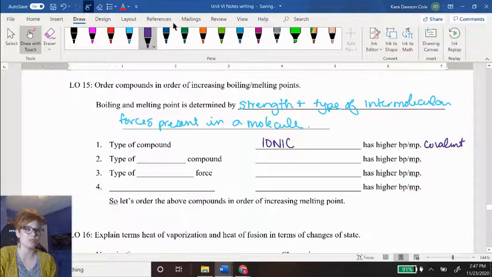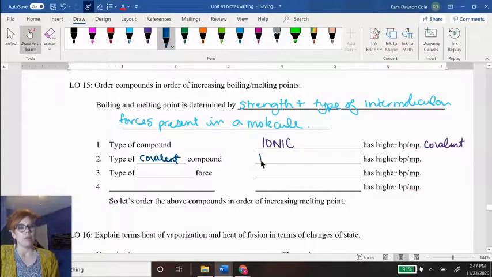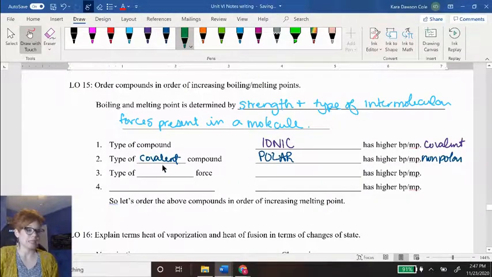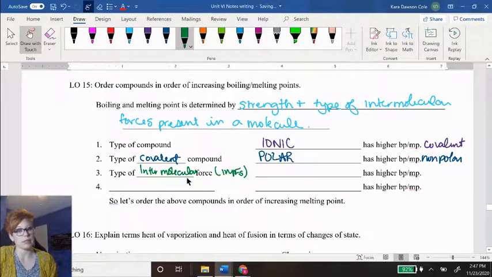Then the second thing that you want to look at is what type of covalent compound do you have? A polar compound has a higher boiling point or melting point than a nonpolar compound. The third thing that you need to look at is what type of intermolecular force, or IMF, do you have?